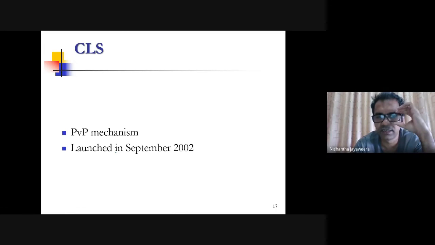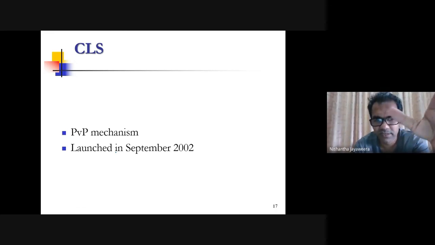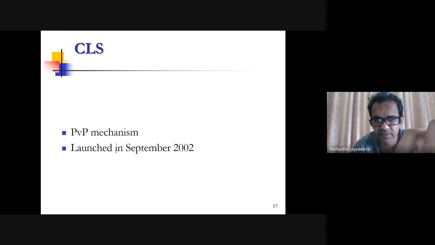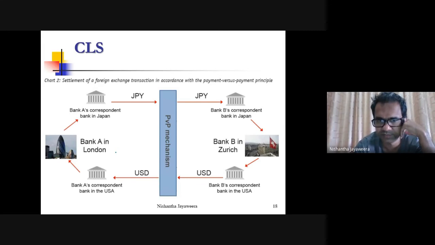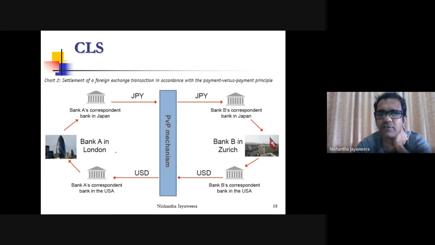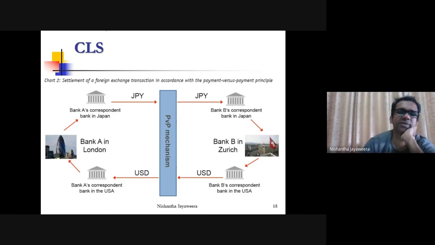In the continuous link settlement system, both parties have to present their funds. Seeing that funds are available, only then do they make the transfer of funds.